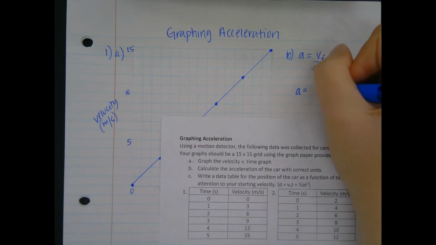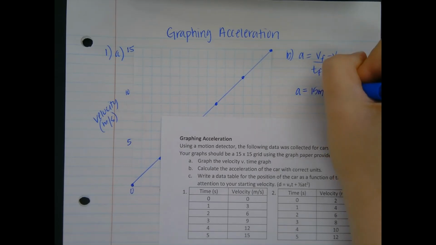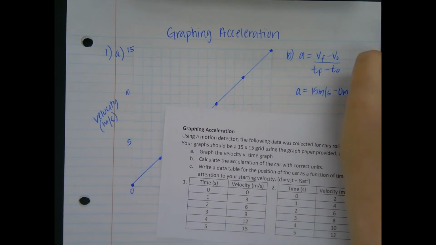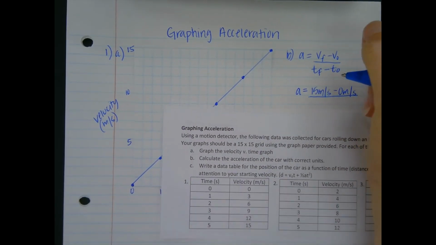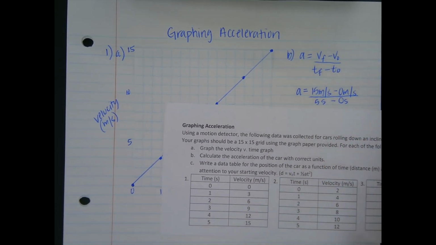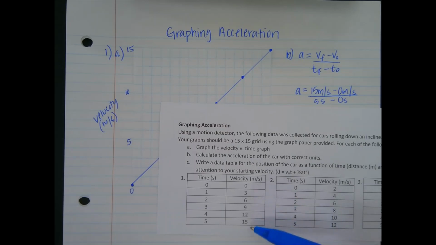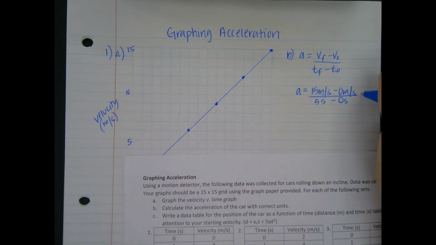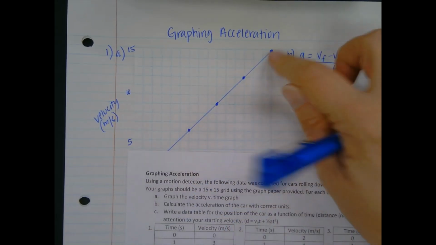So I'm going to say 15 meters per second minus 0 meters per second divided by my final time, which is 5 seconds minus 0 seconds. So all I'm doing is picking my first and my last data points to then put them into this equation so I can solve for my acceleration. This is also the slope of this line.